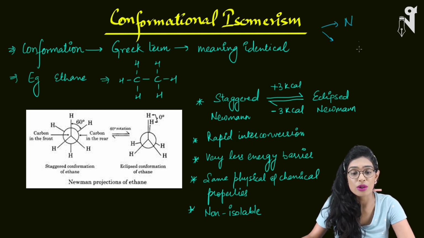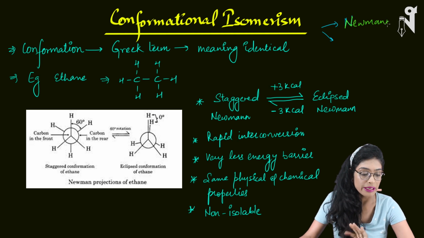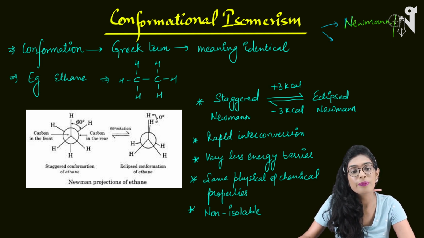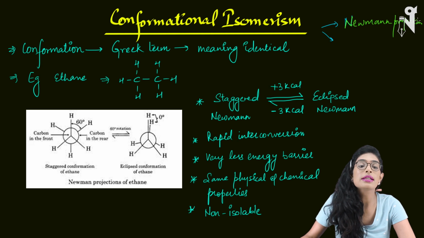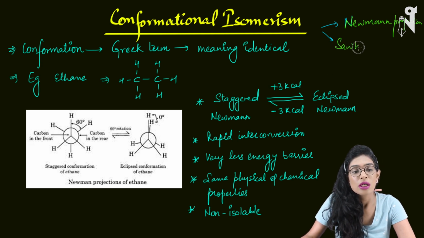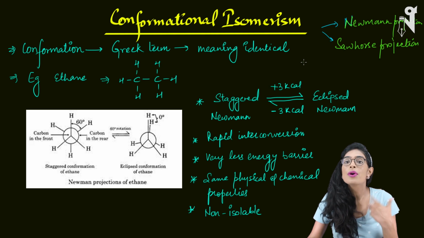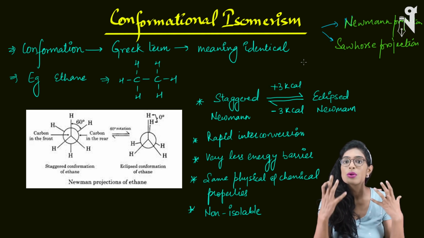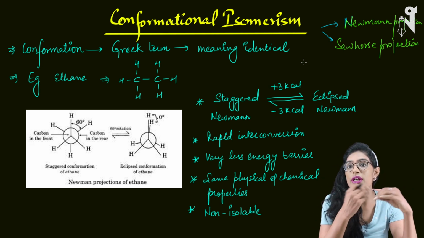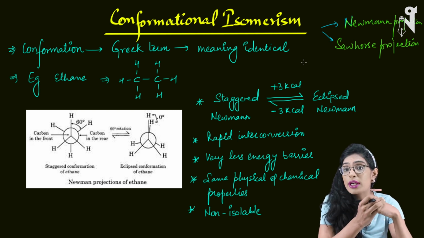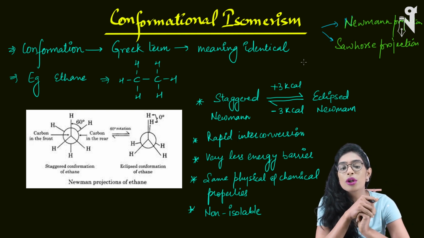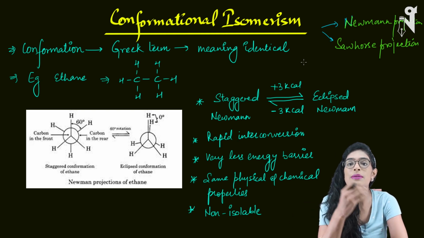One is the Newman projection, and second is the Sawhorse projection. These are the two ways we represent a molecule in its conformational isomer. It is just a way of representing a molecule, the same way we do wedge and dash representation or Fischer projection.